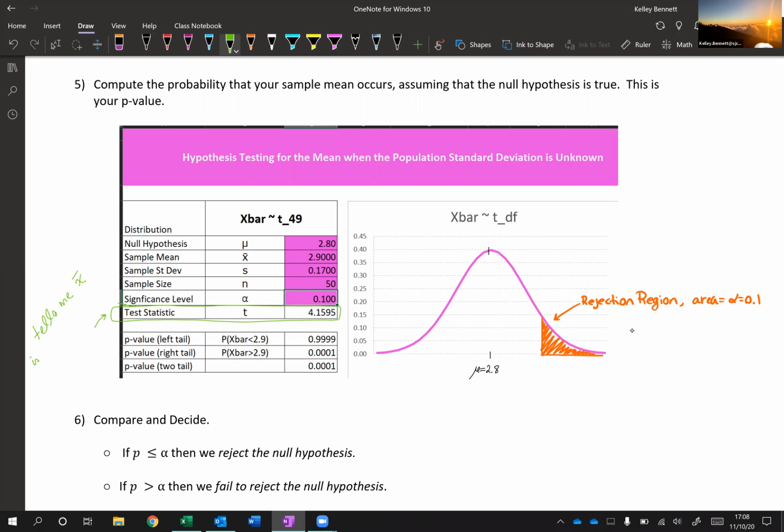It tells me that X bar is 4.1595 standard deviations above, because it's positive, above the mean, which is assumed.